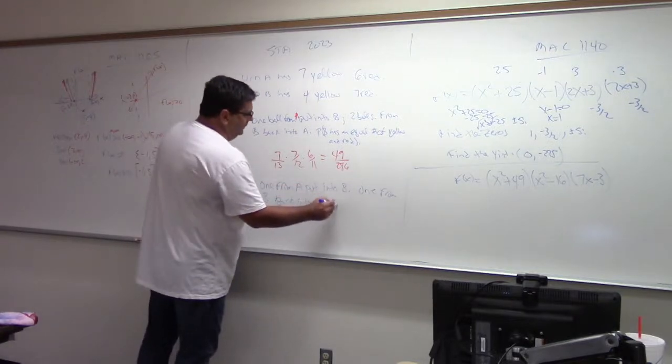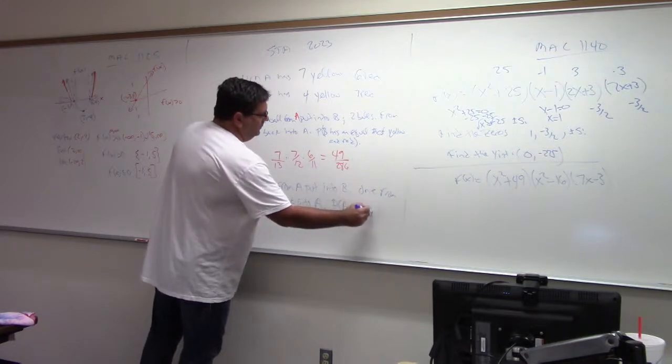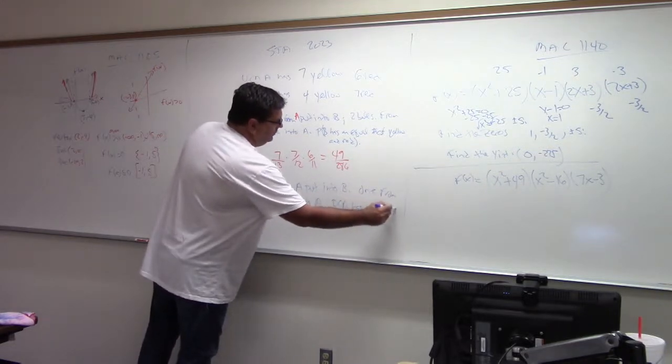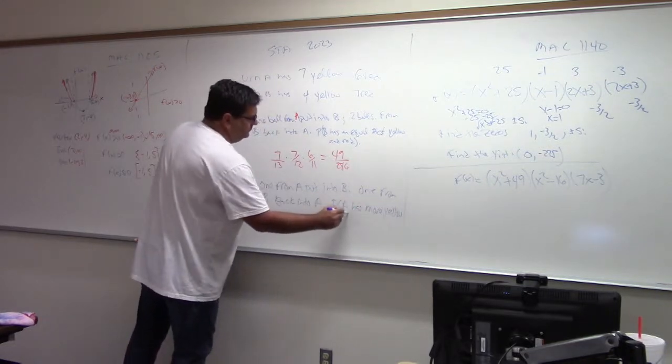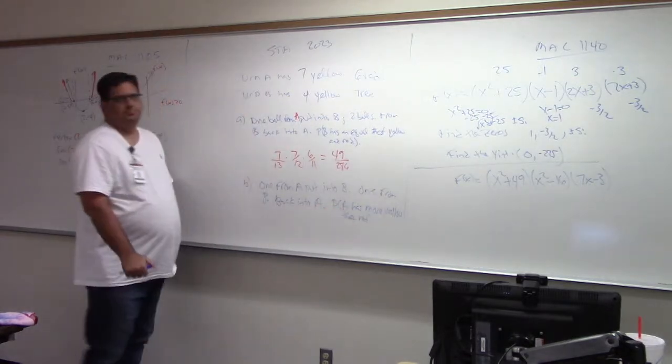What's the probability A has more yellow than red?